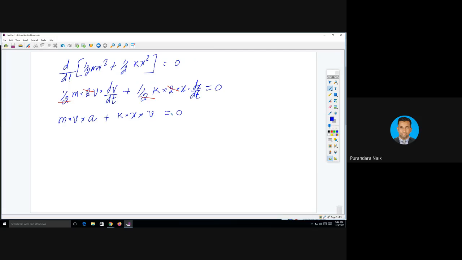See, v is a common term, cancelled. The final equation: m into a plus k x is equal to 0. I'll rewrite the equation: a plus k by m into x is equal to 0. This is my equation number 4.